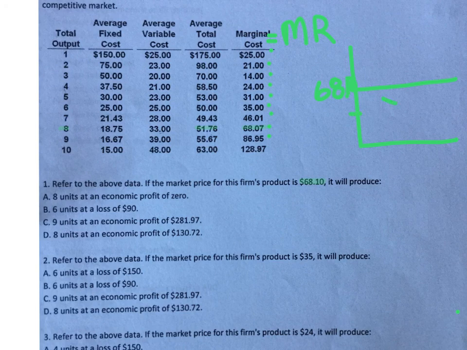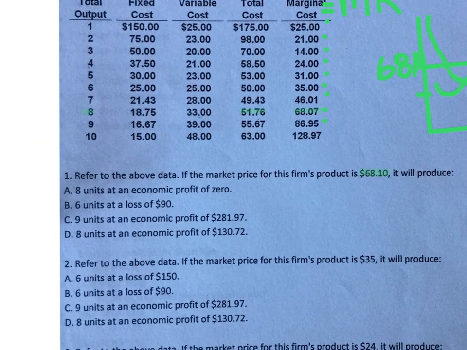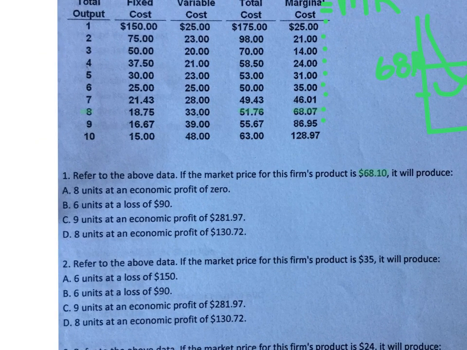So my average total cost is going to be down here. And anytime my average total cost is below my price, I'm in a profit position. I can also draw my marginal cost in there. What we're saying is that would be my profit maximizing position. So we're talking about economic profit, and we know that we're producing 8 units.